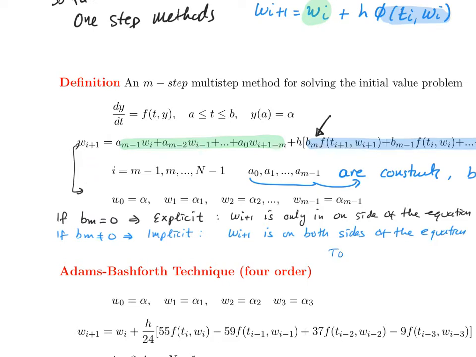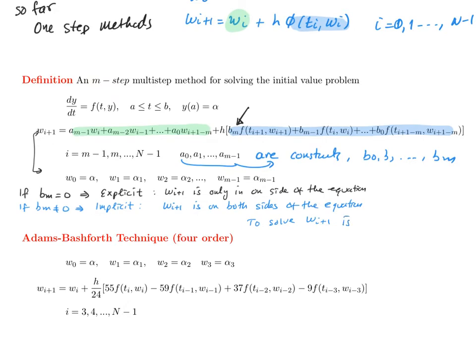Now, to solve for w_{i+1} is not always possible, and this could be a big problem. We'll see at the end of the video there is a way to get around it, but if you have an implicit method, that means you have w_{i+1} on the left side and w_{i+1} on the right side, and then you will have to combine the two and solve, which is not always possible.